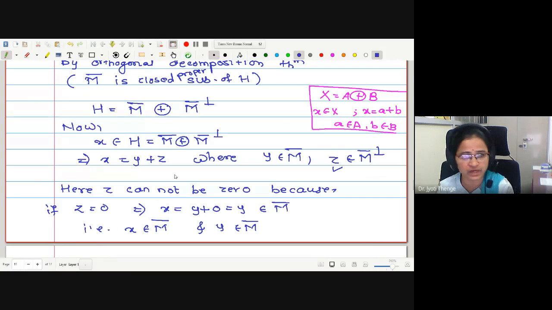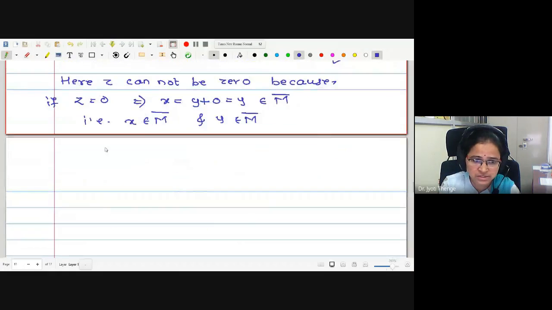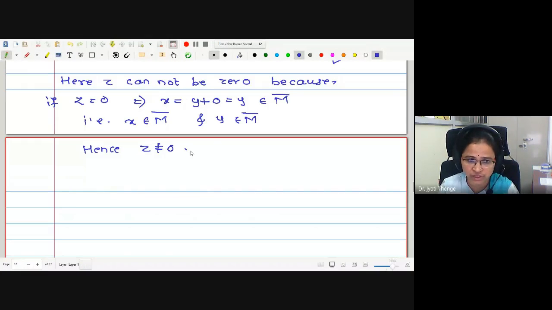But what here we have obtained? X is an element of M bar, but this should not be true. This we have obtained because of the assumption Z is equal to 0. Hence Z cannot be a zero vector. Hence Z is a non-zero vector.